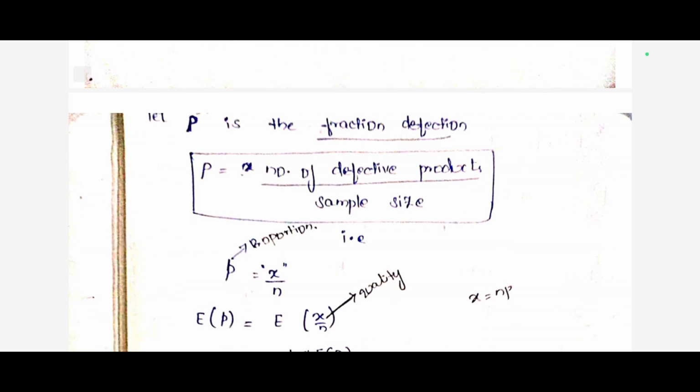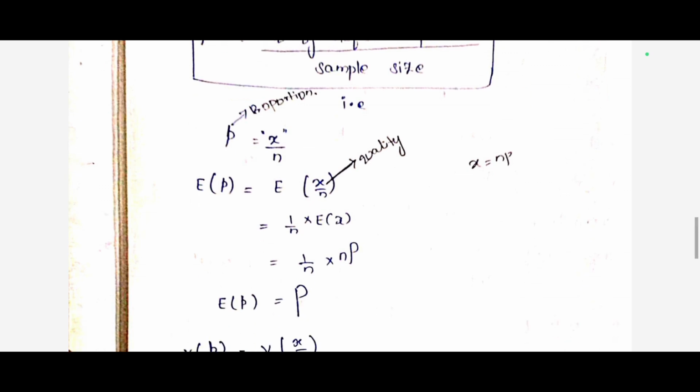Let small p be the fraction defective, that is, the number of defective products out of the sample size: x divided by n. So the expected value is called the proportion.